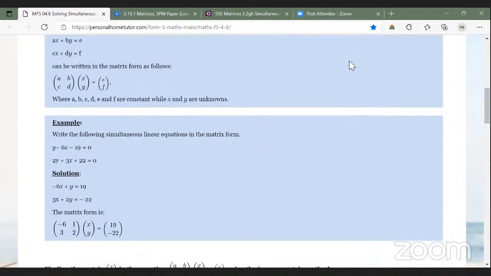So here you can see that the equation is written y minus x, and then you have your value here. And then at the end of the equation, you have 0.